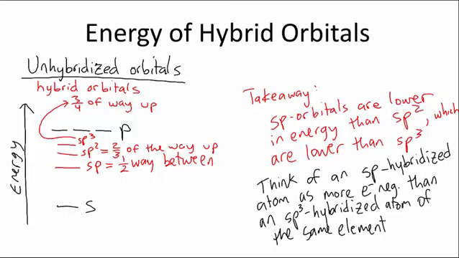So if you look at everything through the lens of electronegativity, which is a big concept for us, one way to internalize this is to just think an sp hybridized carbon atom has effectively a higher electronegativity than an sp3 hybridized one.